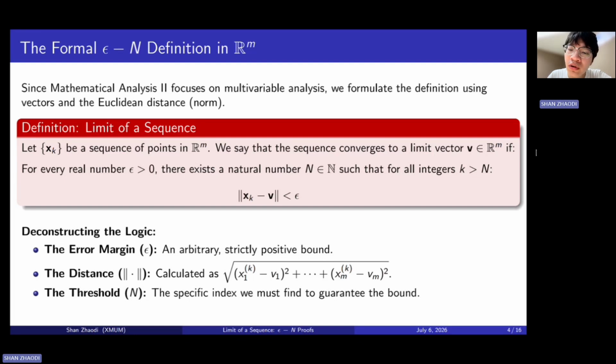There are three core components here: the arbitrary error margin epsilon, the Euclidean distance, and the specific index threshold that we need to find.